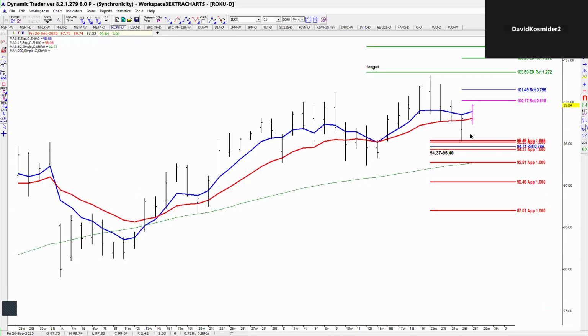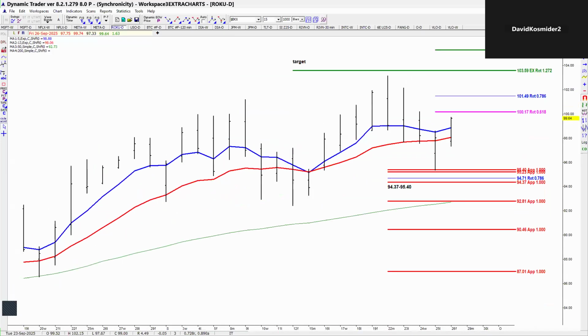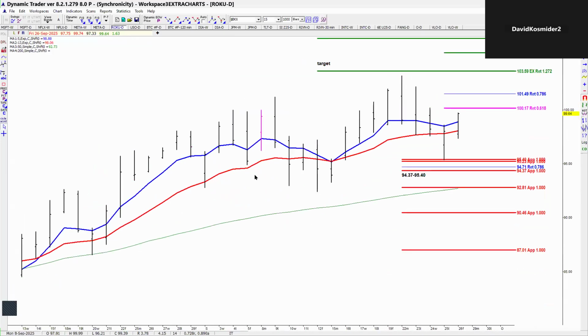We did have a buy decision in Roku here, and it hit and held, and this would have triggered. Let me see if I can grab the other chart here. Roku. That's the daily. Where's the 15?